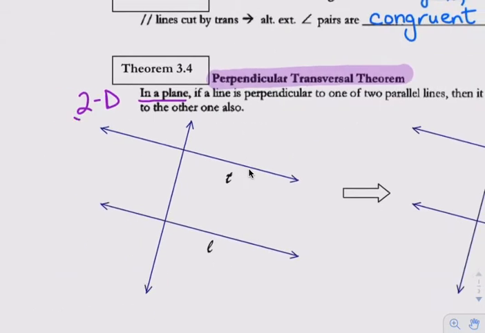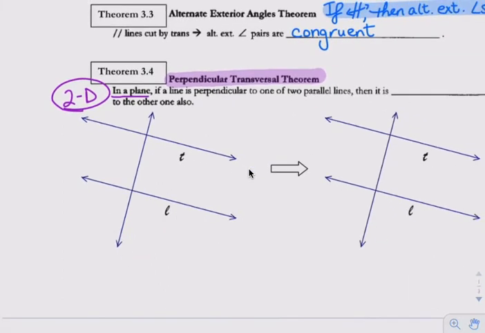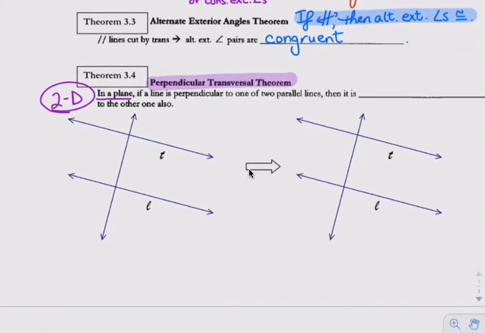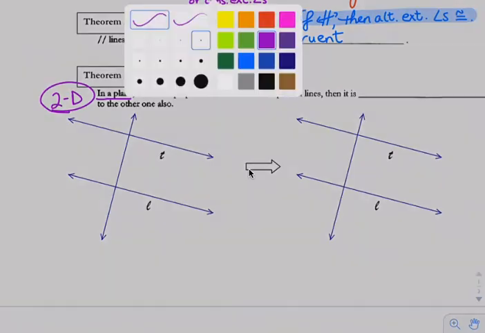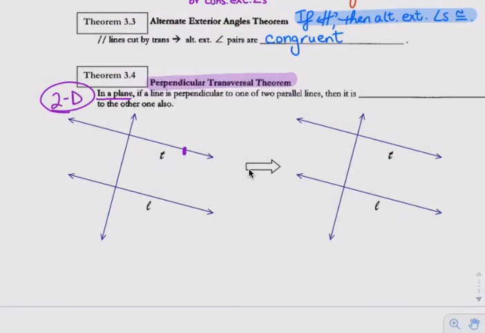It doesn't work in 3D, but in 2 dimensions: if a line is perpendicular to one of 2 parallel lines, so you need to be given in the diagram that these lines are parallel to each other. So T and L are parallel. And then your line is perpendicular to one of 2 parallel lines.